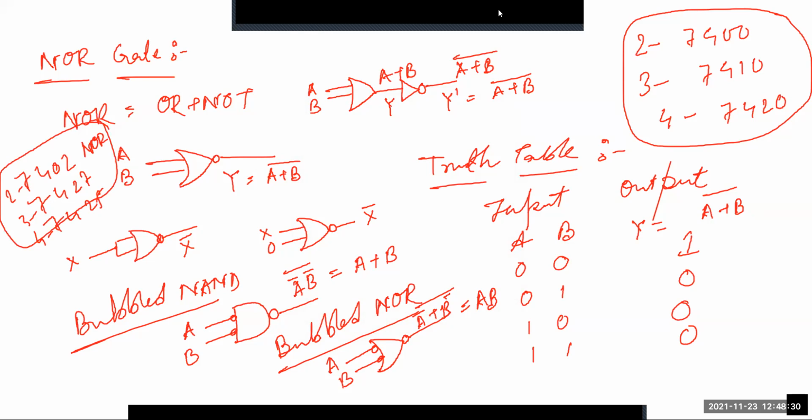Okay, so next is XOR and XNOR. First one is XOR, exclusive OR. I am writing XOR in short here. So what is the symbol?